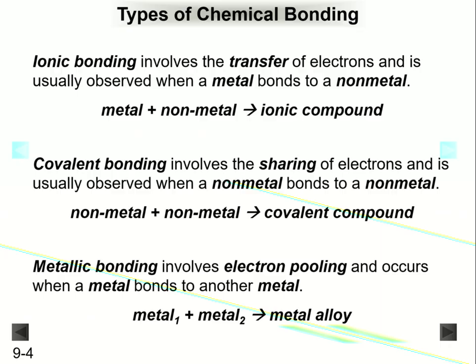The electron pooling with the metals tends to be delocalized or shared amongst multiple atoms, as opposed to sharing between two atoms. If we have two dissimilar metals, when they bond together, we form a metal alloy.